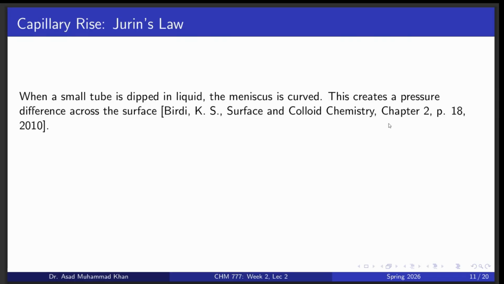When a small tube is dipped in liquid, the meniscus is curved. This creates a pressure difference across the surface. Small tube means if a capillary is dipped in liquid, so the meniscus is curved. So that will create a pressure difference across the surface.